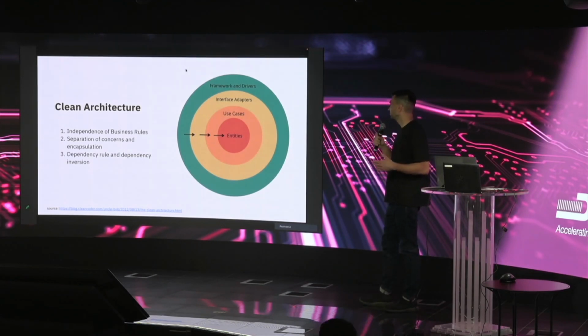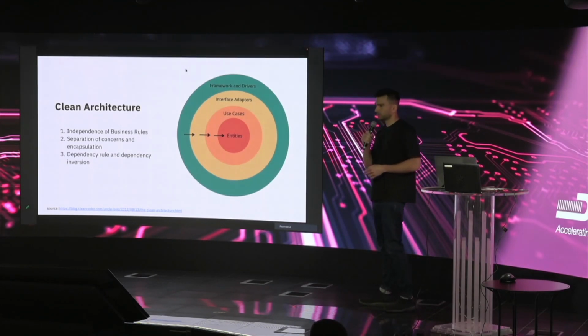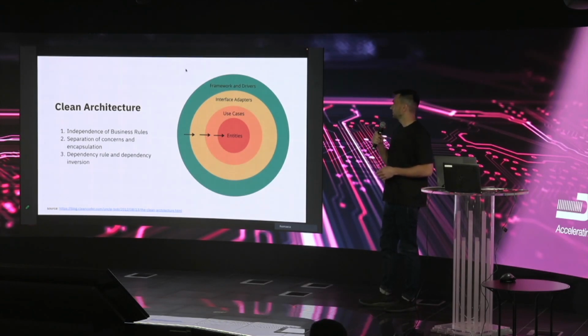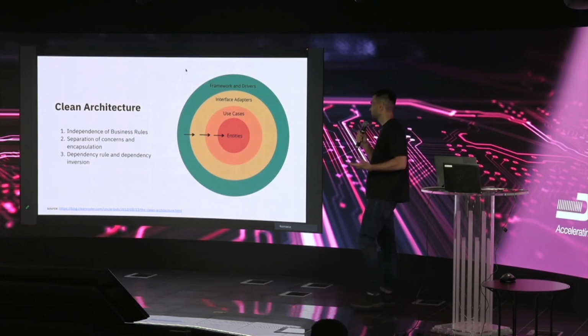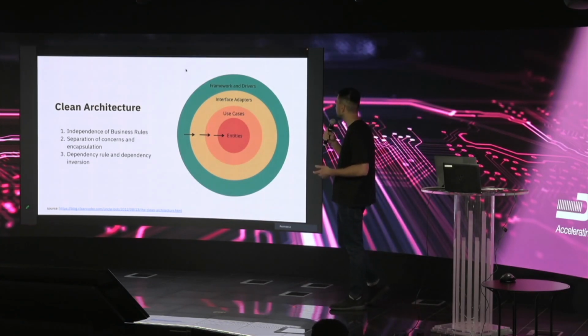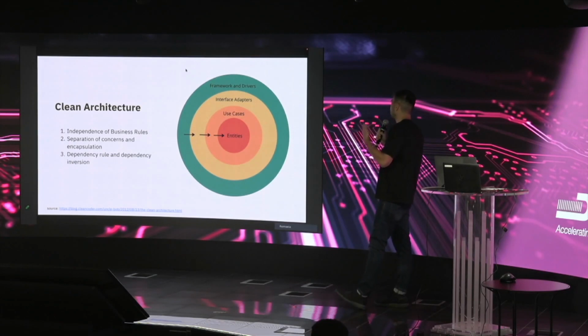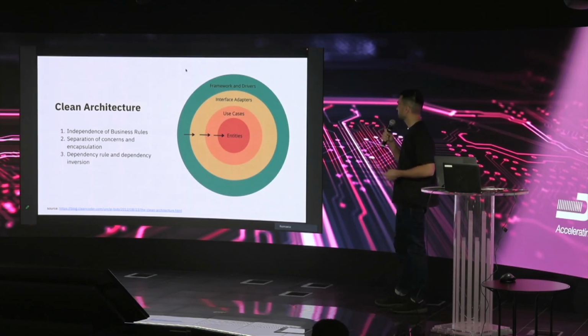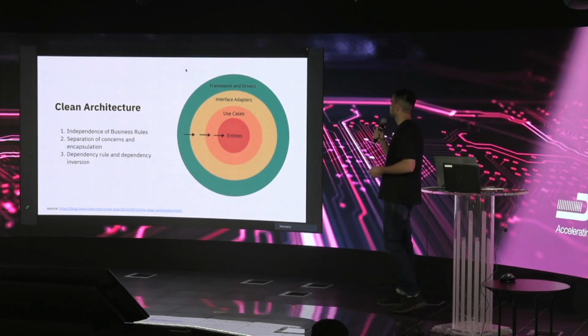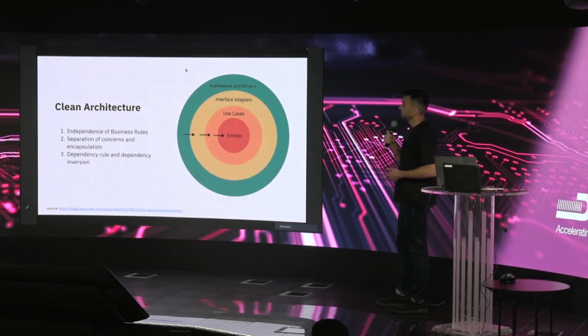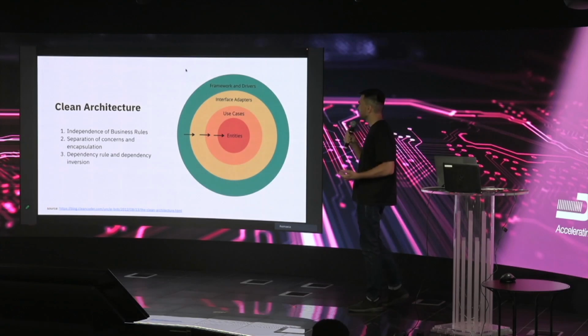So essentially, we put business rules, the important stuff, in the center of this architecture, and then we surround it with less important stuff like application use cases, our infrastructure code in the layer called interface adapters, and then finally frameworks and drivers. We get here all the good stuff from layered architecture, so separation of concerns and encapsulation between layers.